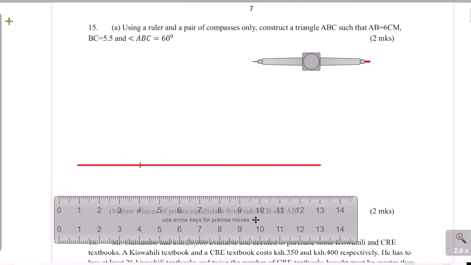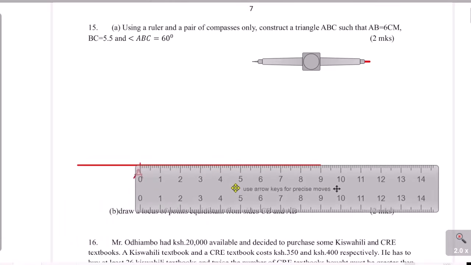So this will be point A. So now we get a measurement of 6 centimeters. So from that point we have 6. So I'll need to mark that point there.